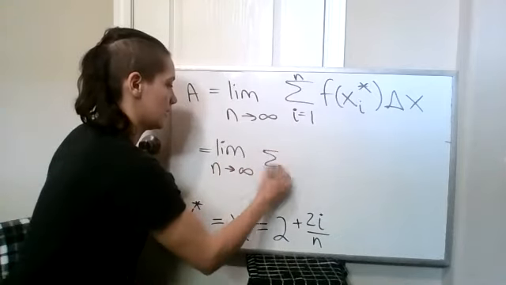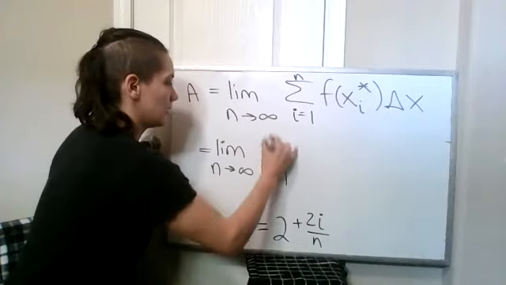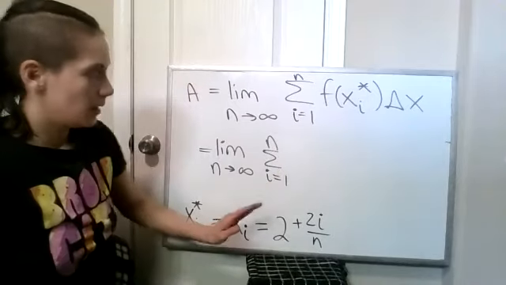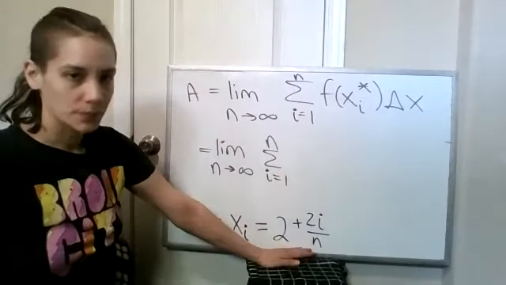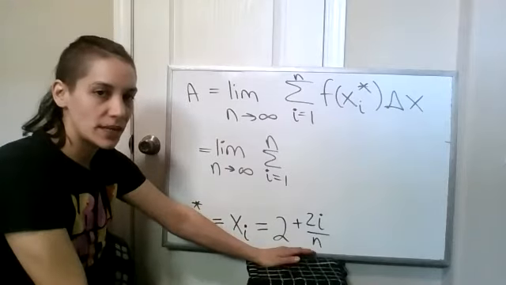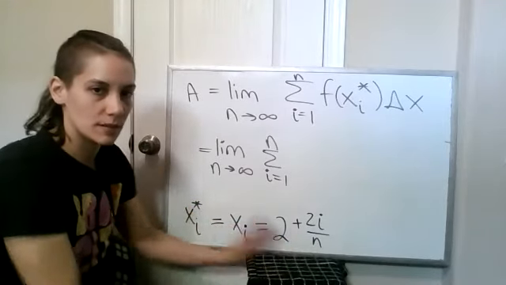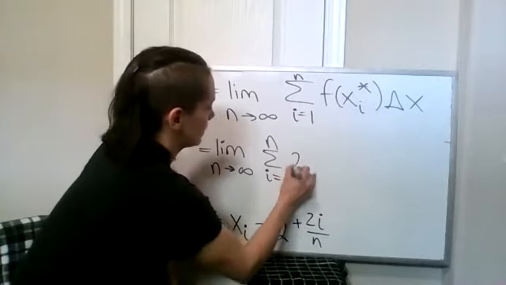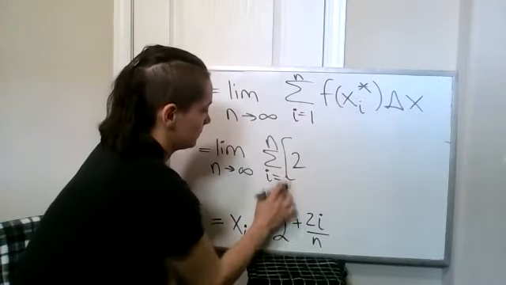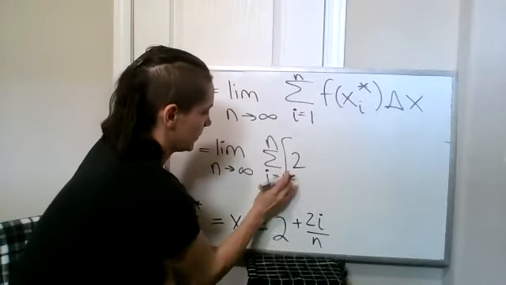This goes into the function. So it's going to be 25 and then subtract this piece squared. Okay, let's see.